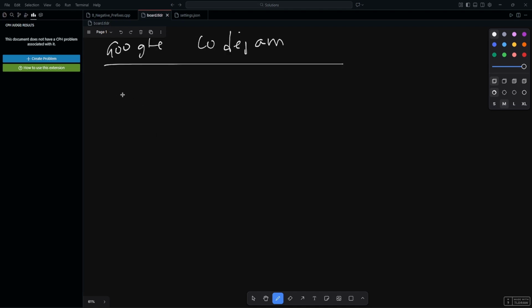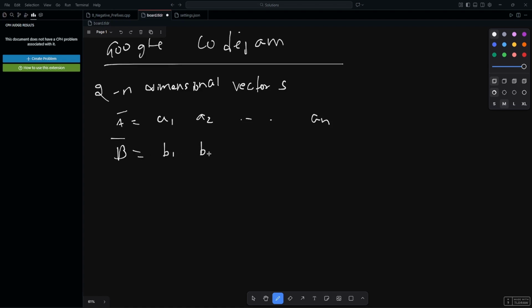you'll be given a couple of n-dimensional vectors, two n-dimensional vectors, and let's say the two vectors are a1, a2, so until an. These are like the coefficients of vectors, like a1 i cap, a2 j cap, and etc. And b bar is b1 i cap, b2 j cap, so on till bn.